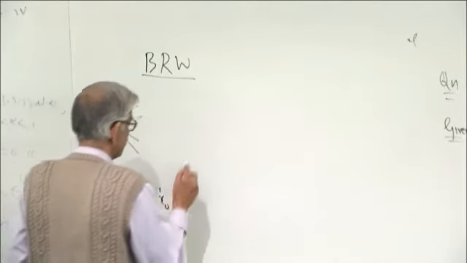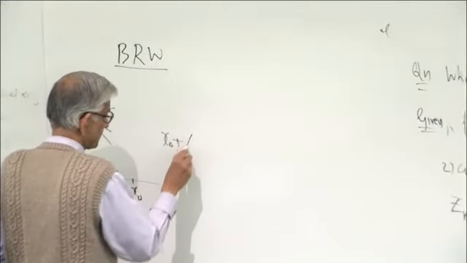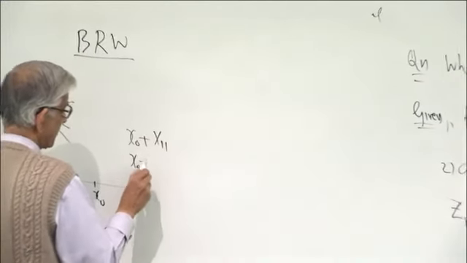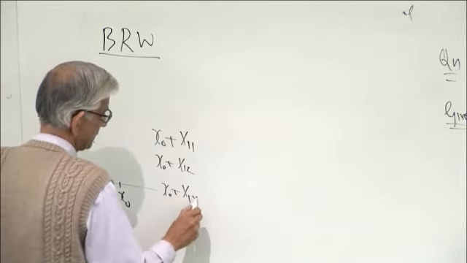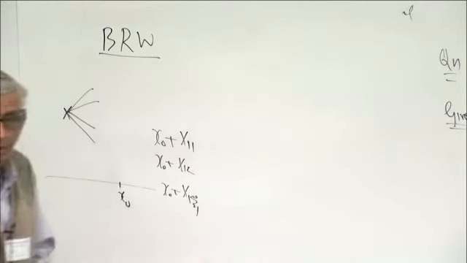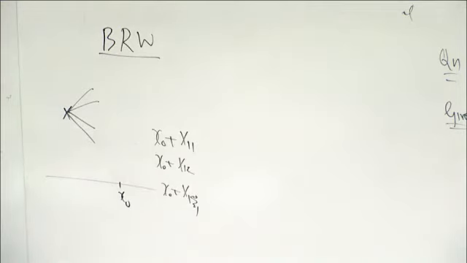So they go to x0 plus x1,1, x0 plus x1,2, and so on up to x0 plus x1,c1, where c1 is the number of children born to this parent. And then the children of these children do the same thing. They migrate from where the parent lives to a new place, and so on.